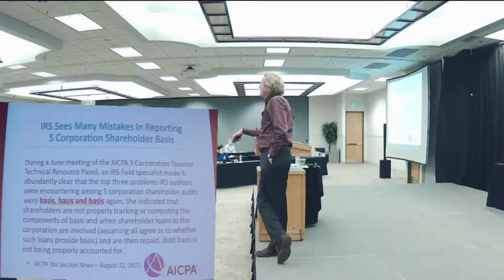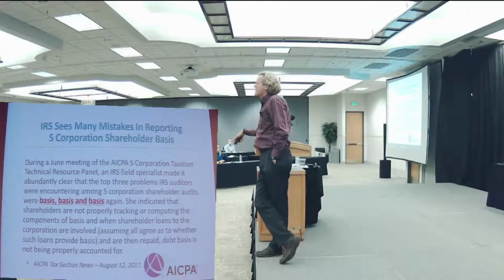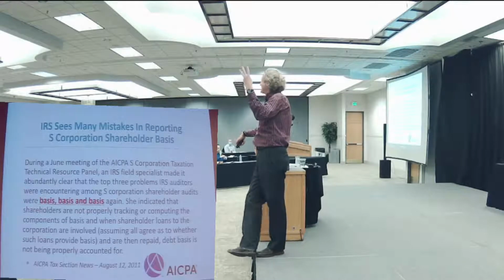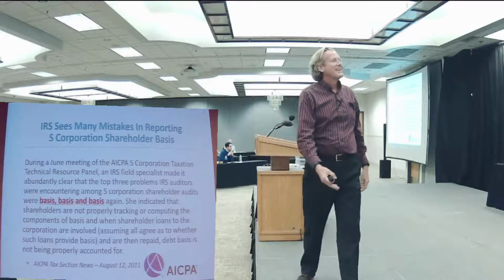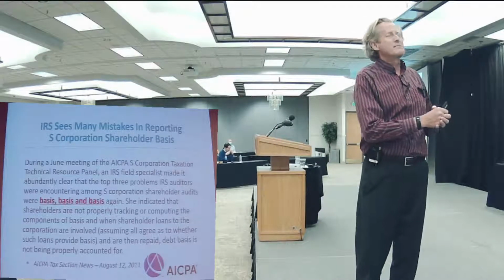So she made a guest appearance. She said the top 3 problems, the top 3 issues the IRS was having in S-Corp shareholder audits were basis, and basis. Yes, a clean sweep of the top 3. It's all basis. She indicated that shareholders are not proper.